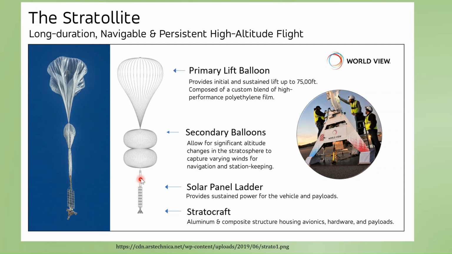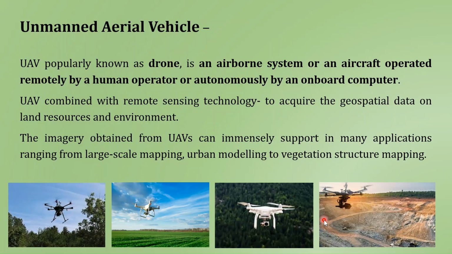Then here we have the solar panel ladder, which provides sustained power for the vehicle and the payload. Then last is the Stratocraft, which is an aluminium and composite structure having the avionics, hardware and the payloads. These were some of the images showing the balloons as the platforms.